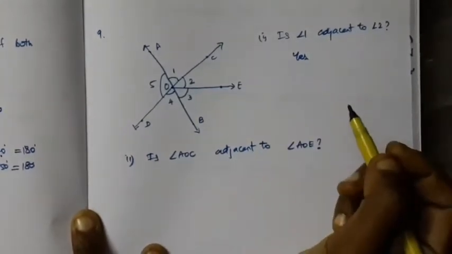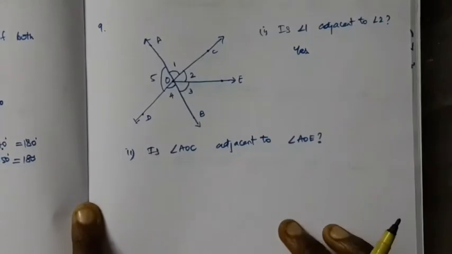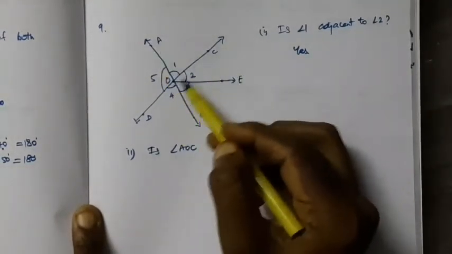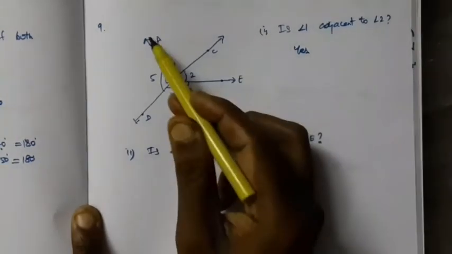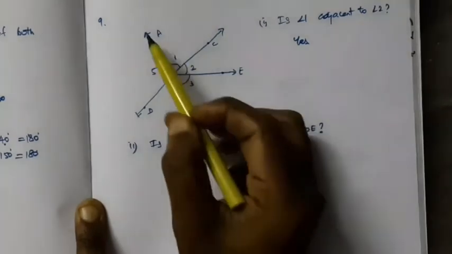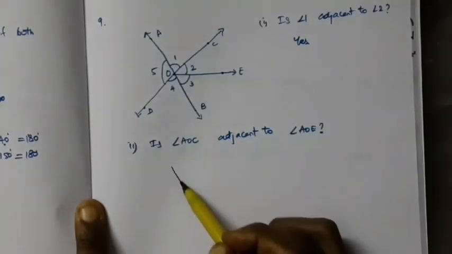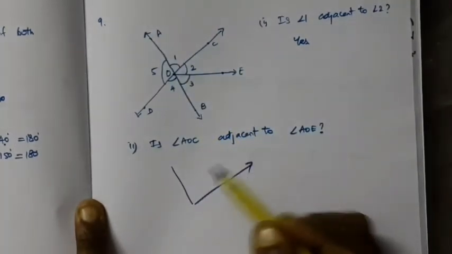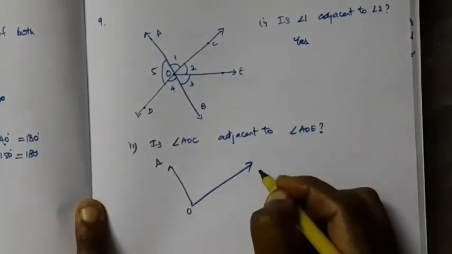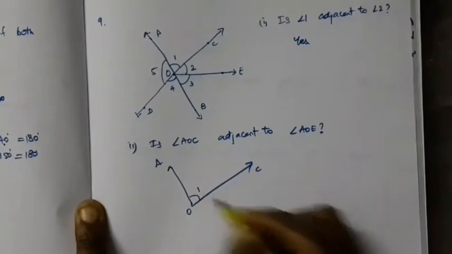Okay. The next question is, is AOC adjacent to AOE? AOC is here and AOE is here. I will draw it here. This is A, this is O and this is C. This is AOC.